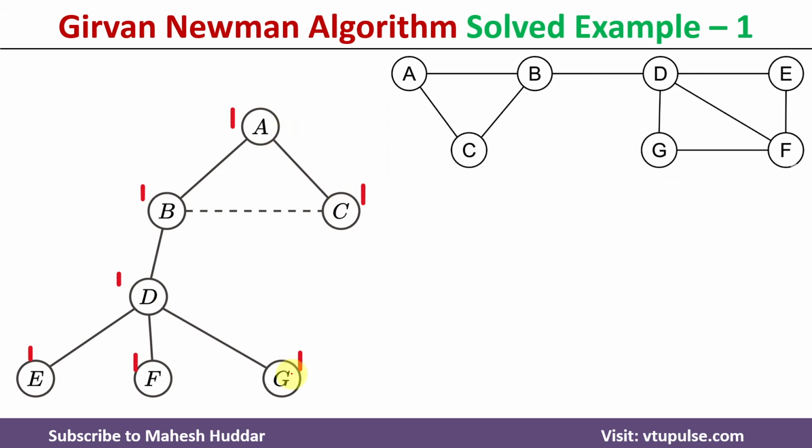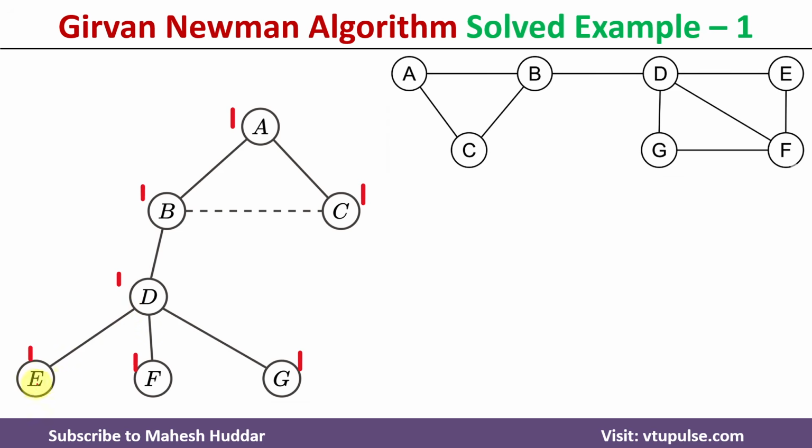Once you assign the weights, next we need to find edge betweenness score. So for that one, we need to start from the leaf nodes. Here E, F, G are the leaf nodes. So here we need to find edge betweenness between E and D. So E is a leaf node and D is a parent node. So it means that E is a child and D is a parent.